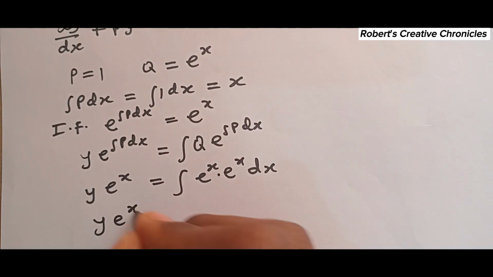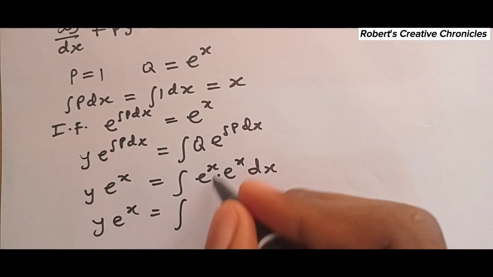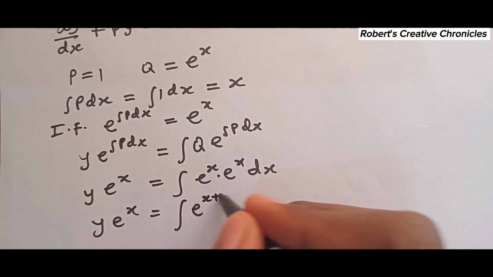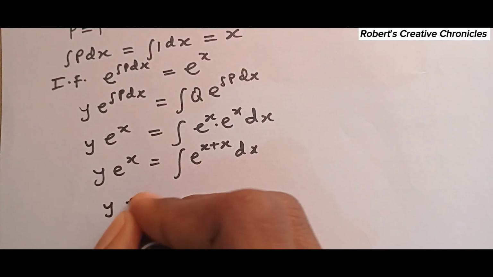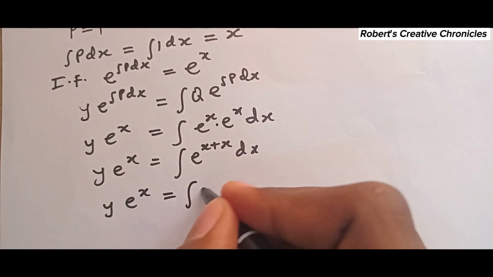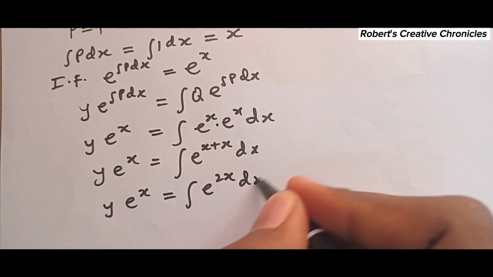By the law of indices, this equals e to the x plus x dx, which becomes 2x.